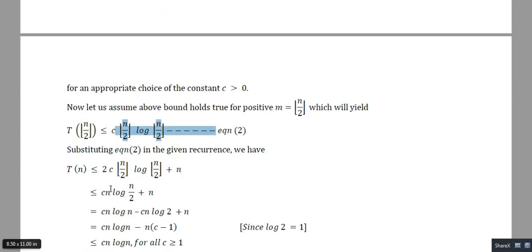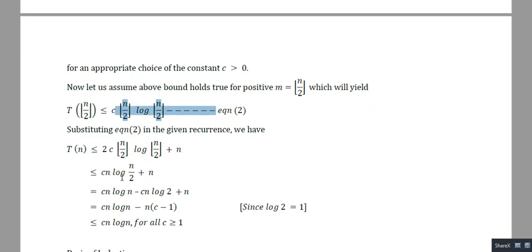Now we can just ignore this floor function. So it will be c n log n by 2 and plus n. The 2 will cancel out, so it will be just c n log(n/2) after ignoring the floor, and plus n. Now log(a/b) is log a minus log b, so it will be c n log n minus c n log 2 plus n.